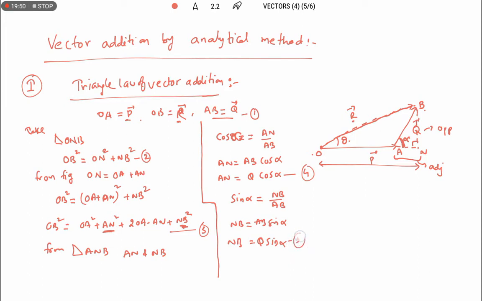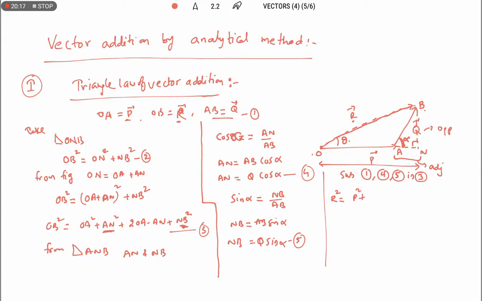Now let us substitute the known quantities. That means substitute 1, 4, 5 in the third expression. So I am substituting only magnitudes: R square equals OA square. What is OA square? P square.